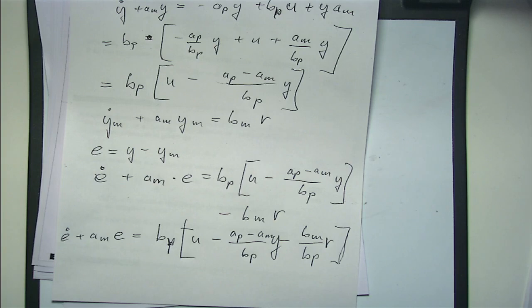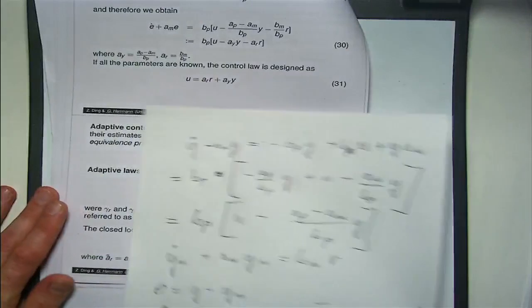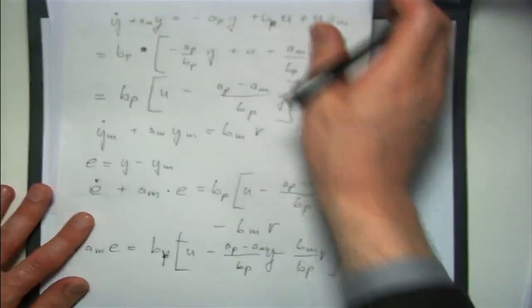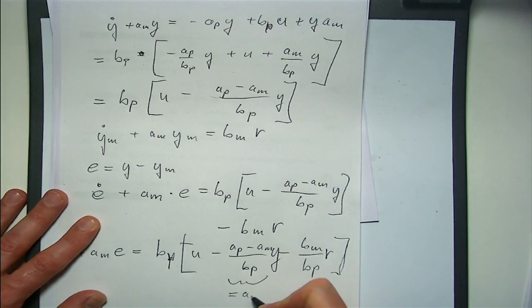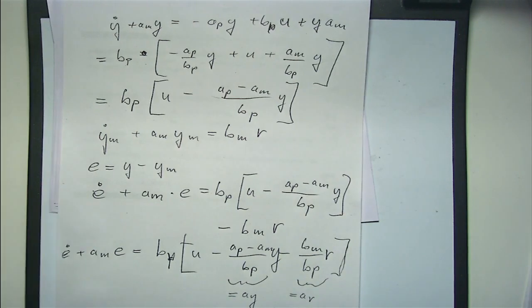So this creates a first idea of what we can do with this here. First of all, we have created an extra variable, which is AY, and there is AR.